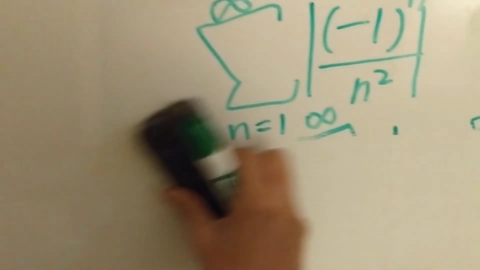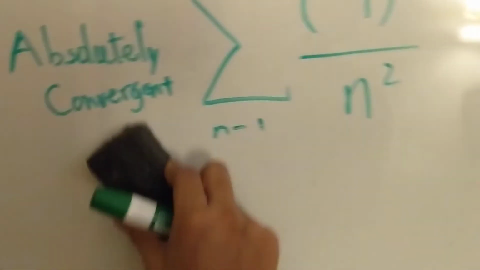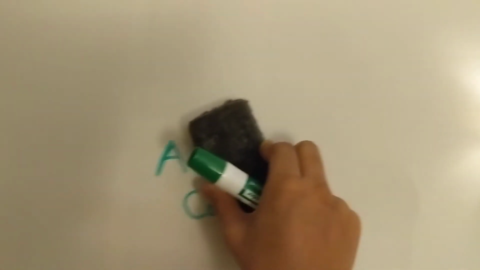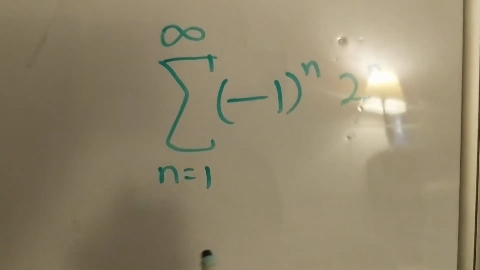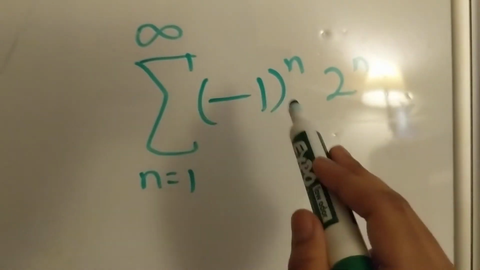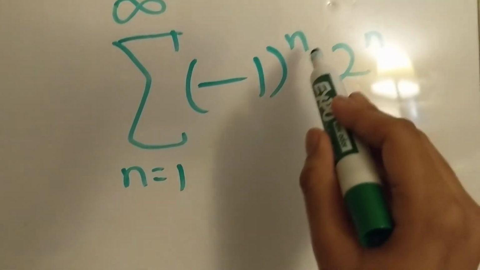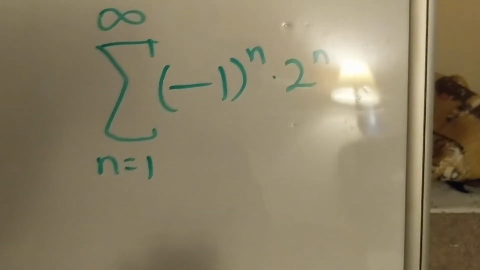I'm going to clear this up, and we're going to go to our next series. This series goes from n equals 1 to infinity of (-1)^n times 2^n. I'll put a little times here just to make it easier for you guys.